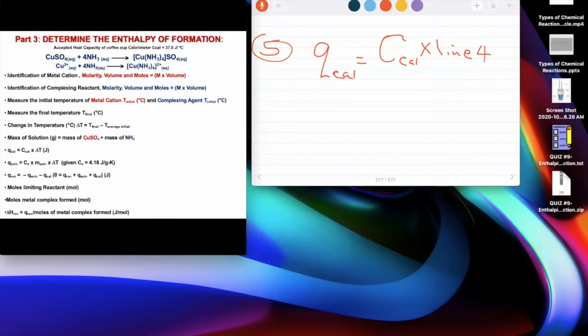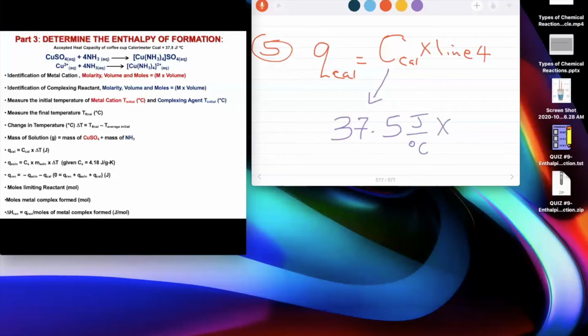All right. And the units should be in joules. Remember, this was given in 5.1. In 5.1, we know the literature value for the heat capacity for the calorimeter, 0.5 joules per degree Celsius, times line 4 change in temperature.